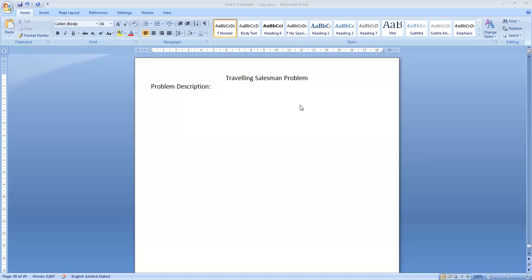Before this, I want you to know what is a cycle in a graph, what is a tour in a graph. A cycle in a graph is starting from one vertex, visiting a few vertices and coming back to that same vertex. That is called a cycle. A cycle need not go through all the vertices of a graph.